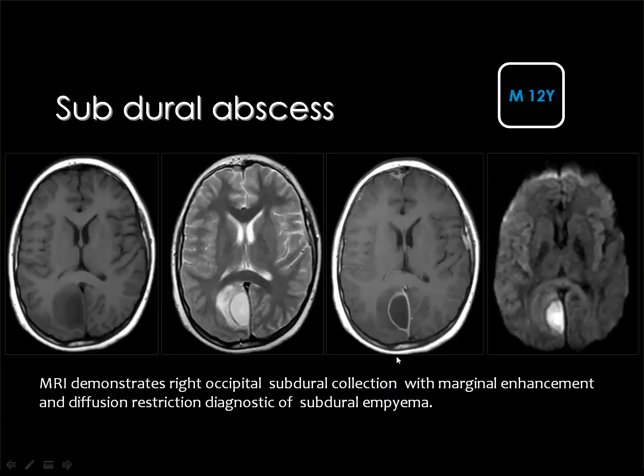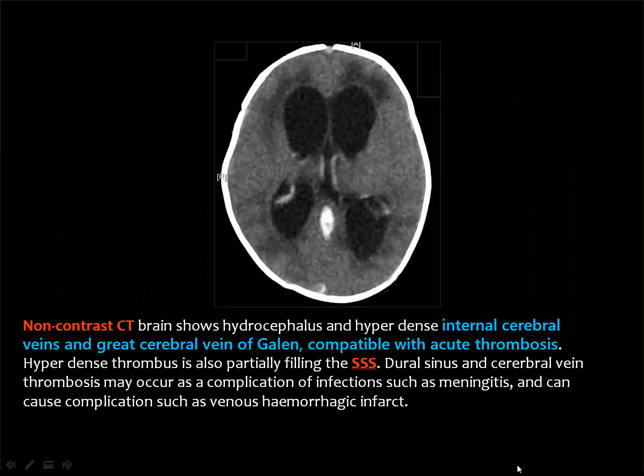An accumulation of pus in the falx or in the tentorium, as I have mentioned, considering the hemorrhage, should be in the subdural space. Then the lesion is of low signal in T1, high signal in T2, surrounded by edema with marginal enhancement and diffusion restriction, which is very important for the diagnosis of abscesses.